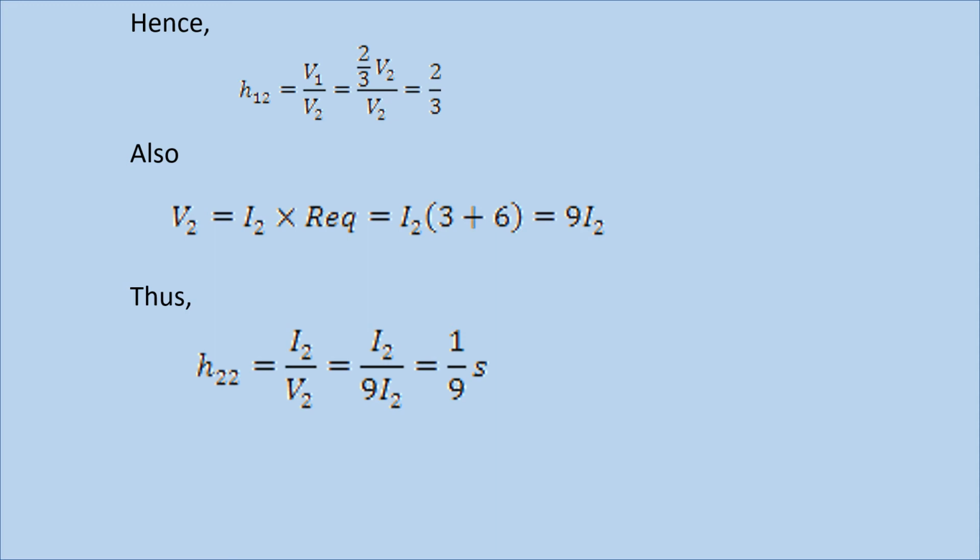So V2 is equal to I2 multiplied by your equivalent resistor, 9 ohms, and that will give you 9I2. So place that in your formula. Your H22, which is our open circuit output admittance, will be equals to I2 over V2. Our I2 is there, and then our V2 is 9I2. When I2 cancel out, we have 1 over 9 Siemens. Our open circuit output admittance is equals to 1 over 9.